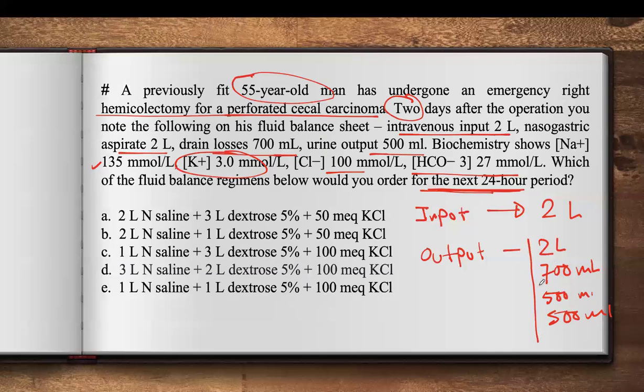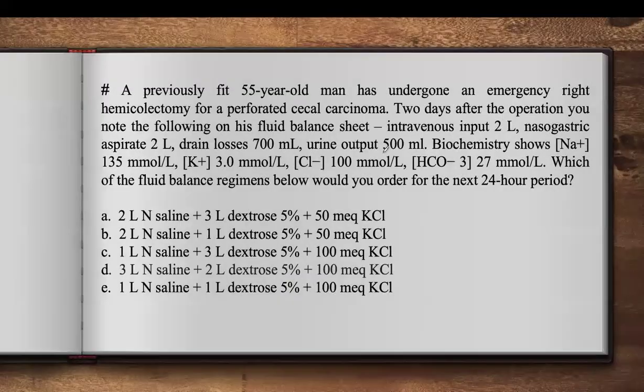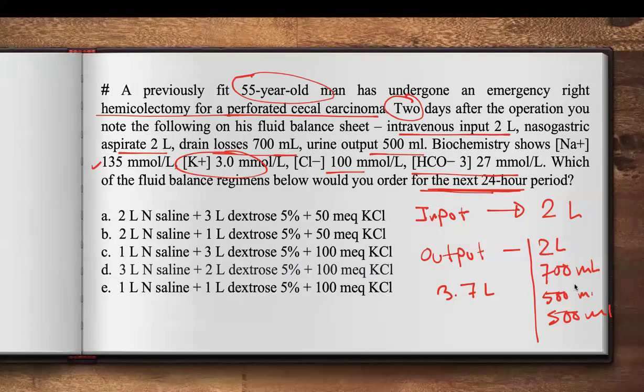If you add it up, how much does it come to? 3.7 liters. So we have a patient whose input is 2 liters, output is 3.7. For better calculation, always make it a whole number. So rather than 3.7, make it 4 liters, the closest whole number. So input 2 liters, output 4 liters. What is the deficit?